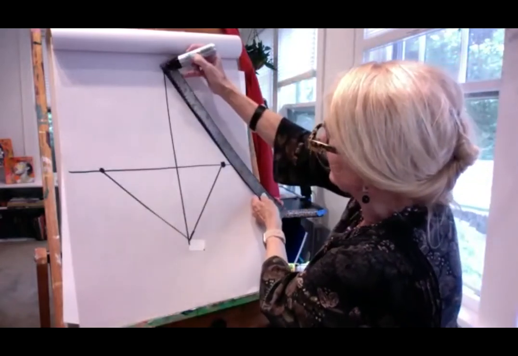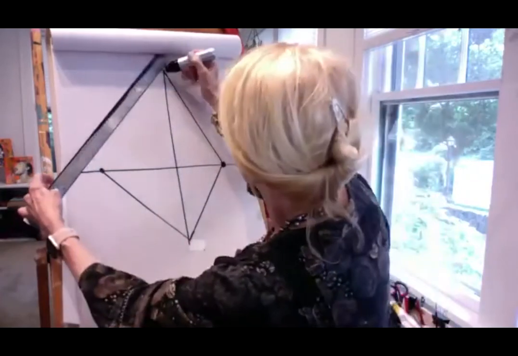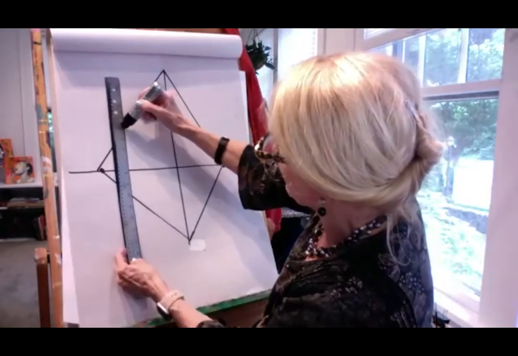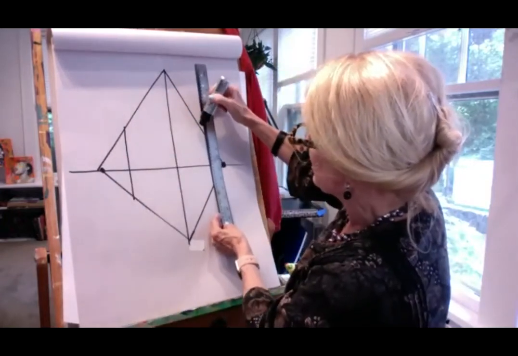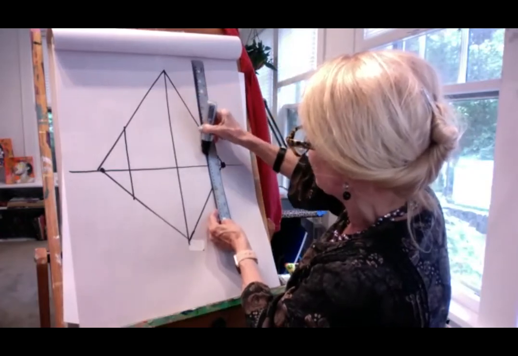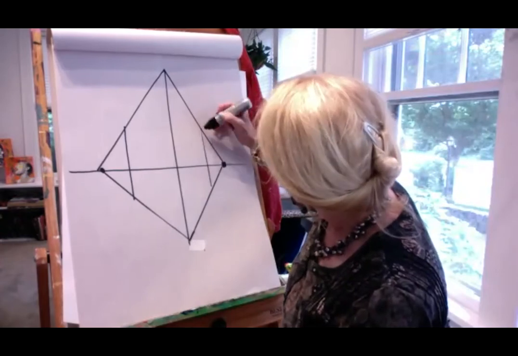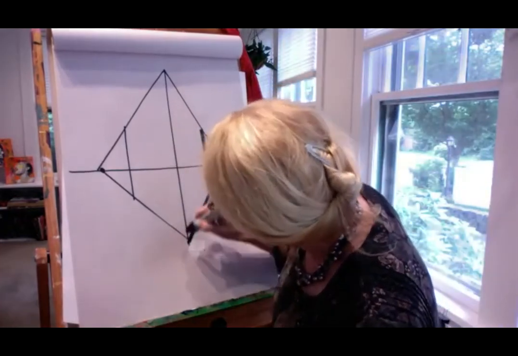Now this building is going way back in space. This is more like a diamond. So most buildings would get cut off like here and here, because this is not a building that goes on forever and ever. So this is the shape of my building.